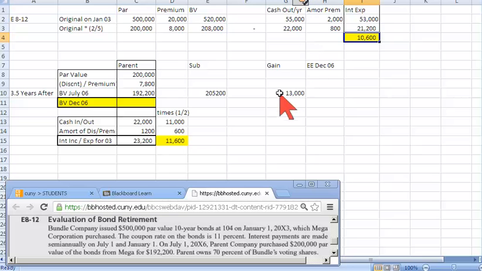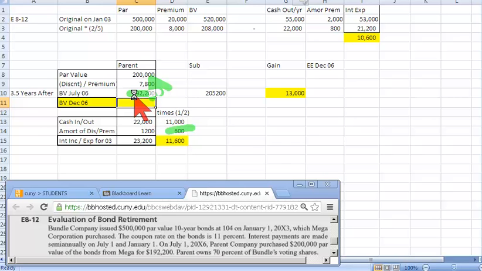We also need to figure out, well, let's highlight the gain as well. We also need to figure out what the book value is on December 06 when we make the elimination entry. So to figure out the book value on December 06 is basically the book value 6 months ago, which is right here, plus the amount, since we're trying to get from here to 200, we're basically adding the 6 months of the amortized discount.